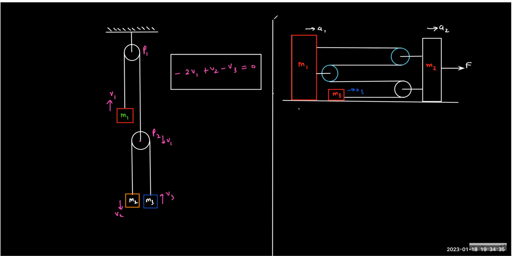Shrink. So what will you write? Shrink means what, plus or minus? So minus. So how to write the equation? So minus 3v1, which I can write as A1 here.